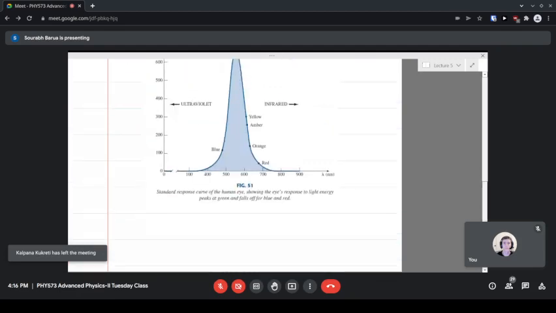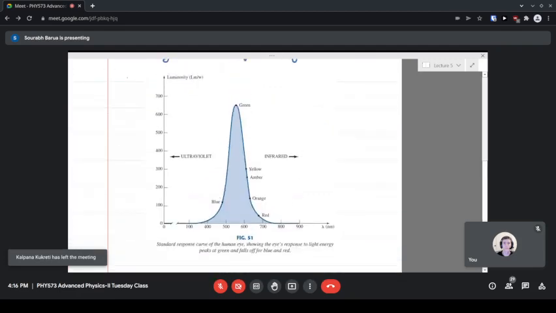This graph shows the sensitivity of the human eye to different wavelengths. As I said, it's sensitive between 300 to around 800 nanometers, and it has maximum sensitivity for the wavelength corresponding to green light, which is 550 nanometers.